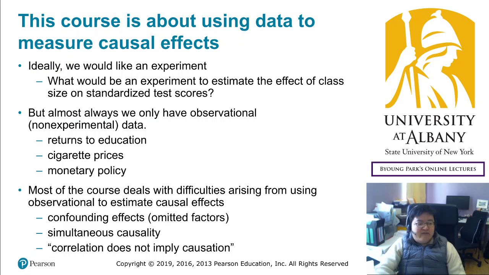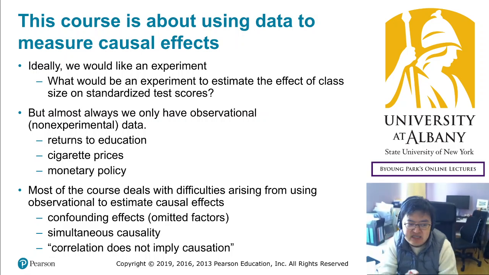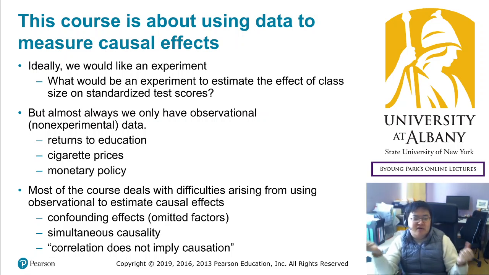and causes problems. And finally, correlation does not imply causation. Correlation is what we observe. It is easy to see from the data that there is some kind of pattern, like a positive or negative relationship between two variables. But from there, we cannot conclude that one is causing the other.